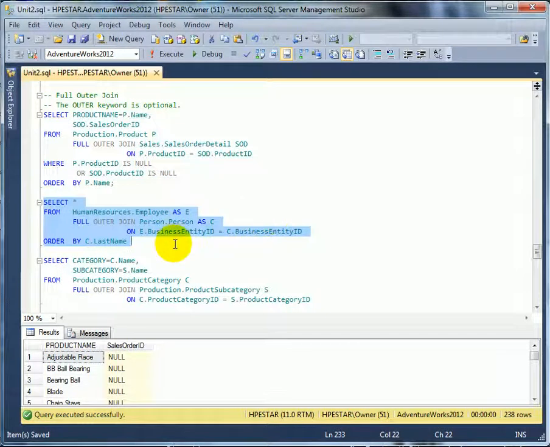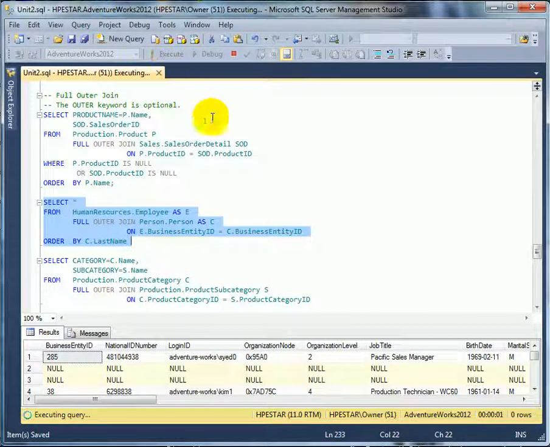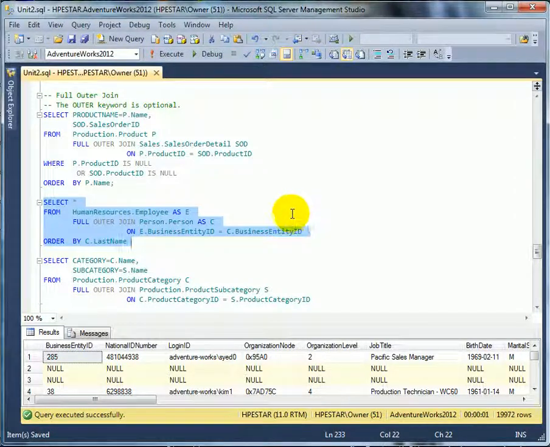In the following query, we do full outer join between the employee table and the person.person table. This table has only 290 rows and the person.person over 19,000. And here is the result.